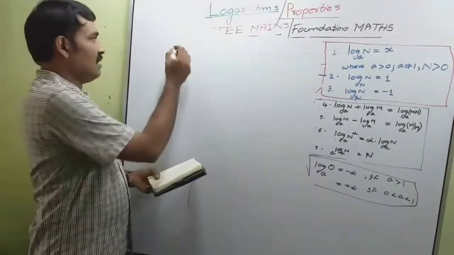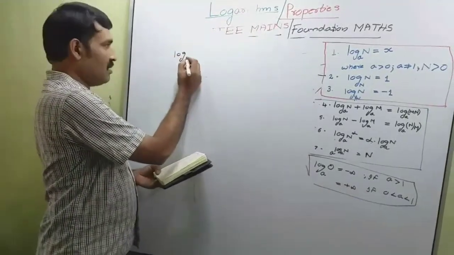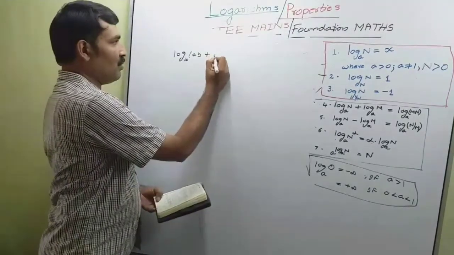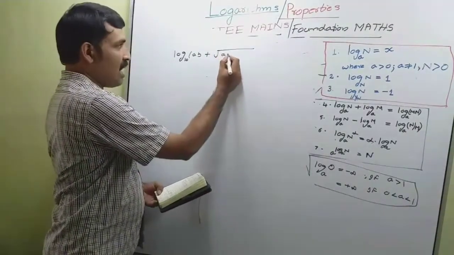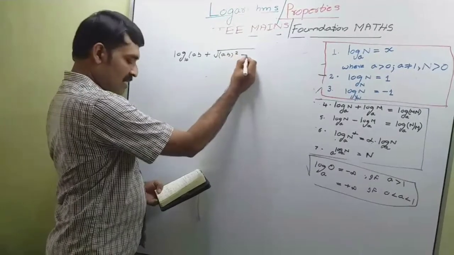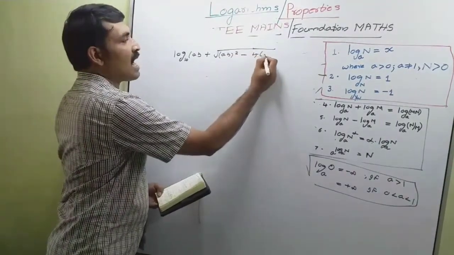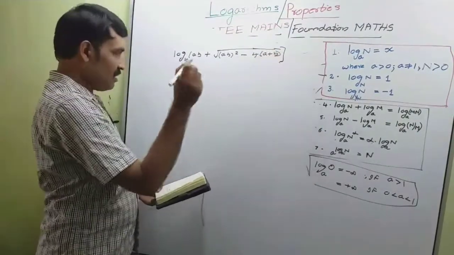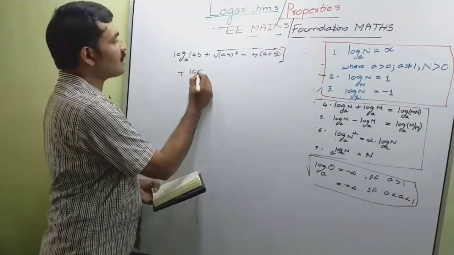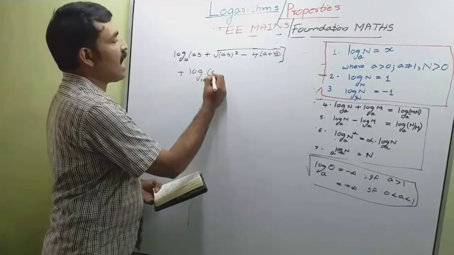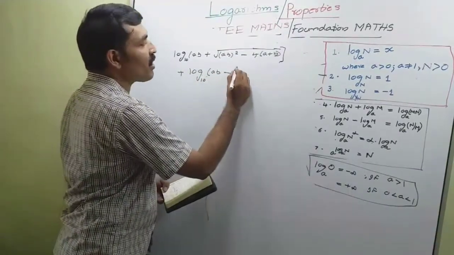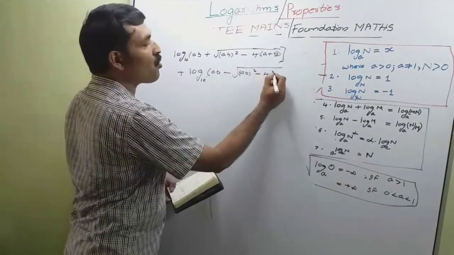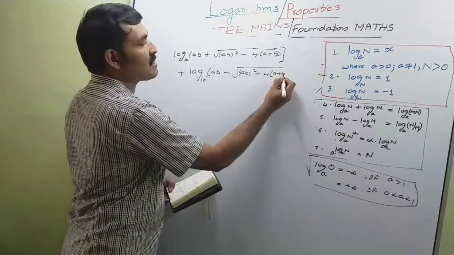The question: log base 10 of (ab plus root of (ab) square minus 4 times (a plus b)), plus log base 10 of (ab minus square root of (ab) square minus 4 times (a plus b)).